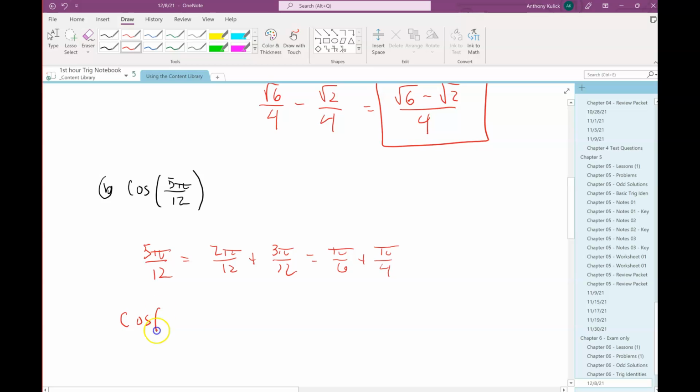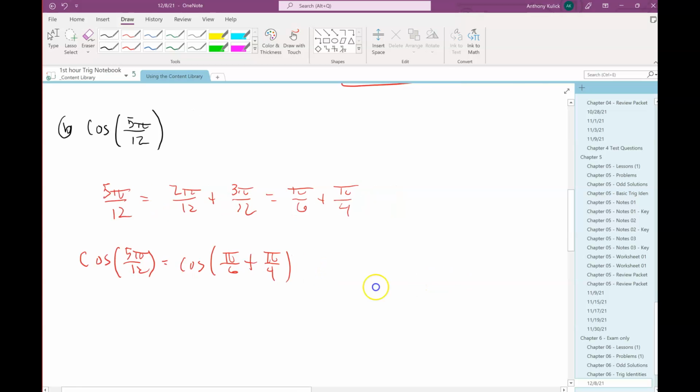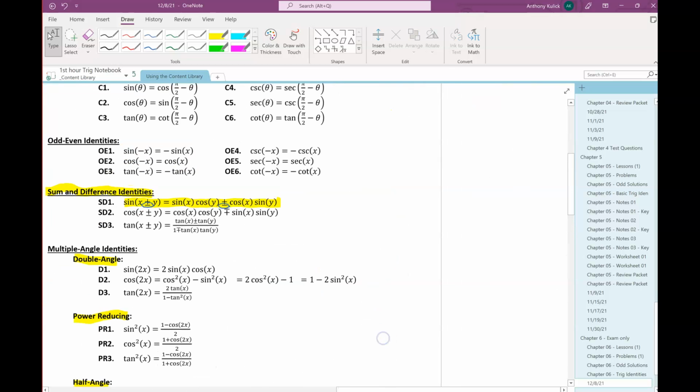So now that we've done that, we can say, okay, cosine of 5 pi over 12 is just cosine of pi over 6 plus pi over 4. I go and I look at my identity sheet at my angle sum formula for cosine.